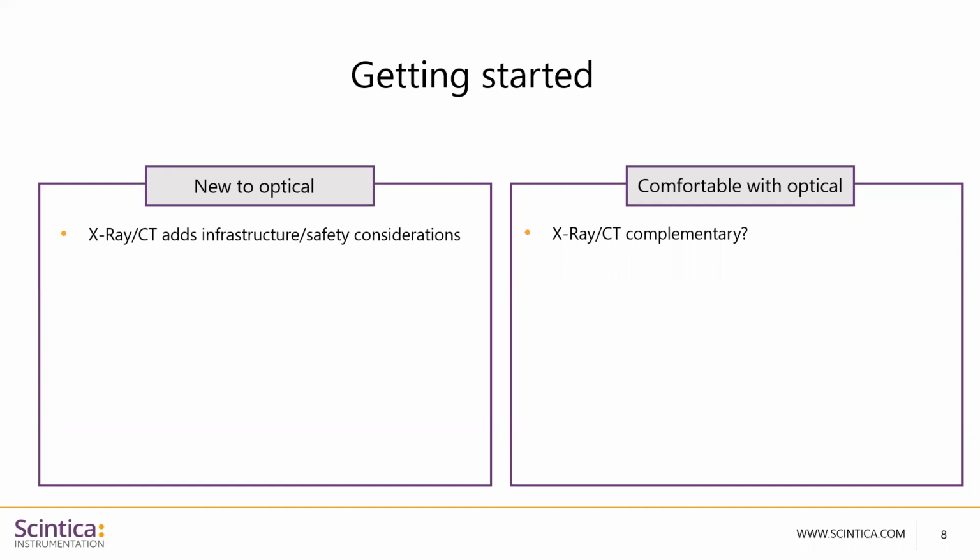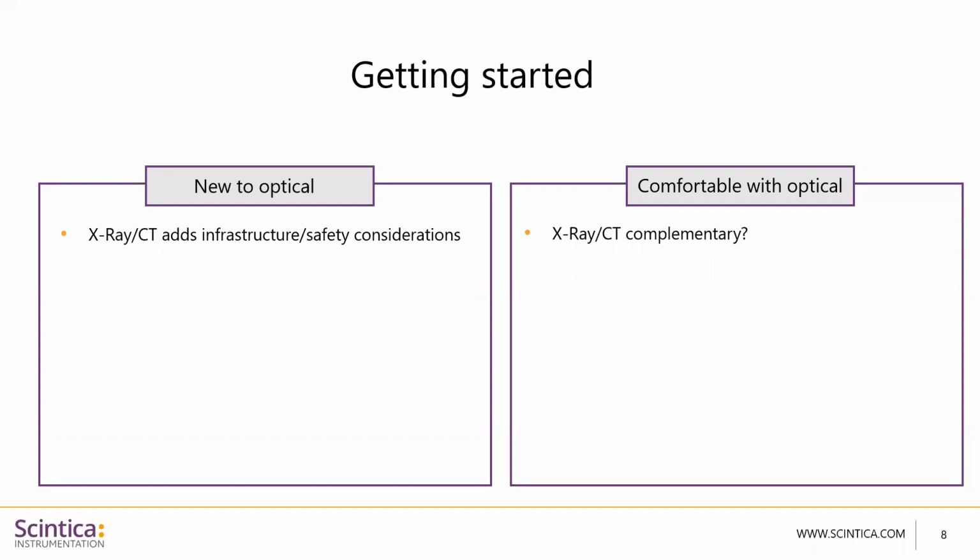So that's something to consider, because as you add in these modalities such as X-ray or CT, you can get complementary information. And again, we'll talk about this a bit later in the presentation. So there is an added benefit of having a combined system.